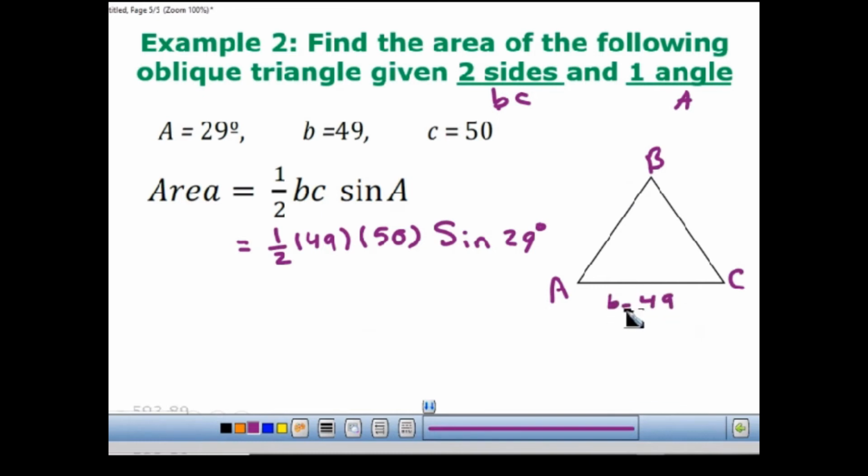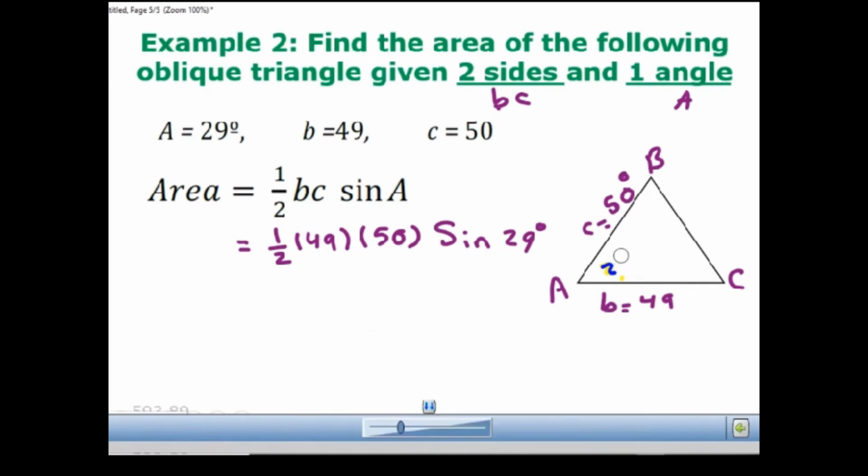And I'm also given side C, which is C equals 50. I am also given an angle, which is angle A, and this one is 29 degrees.